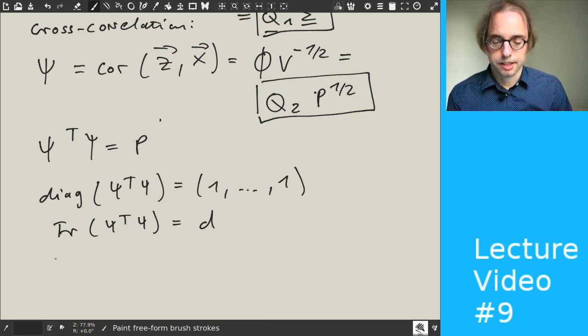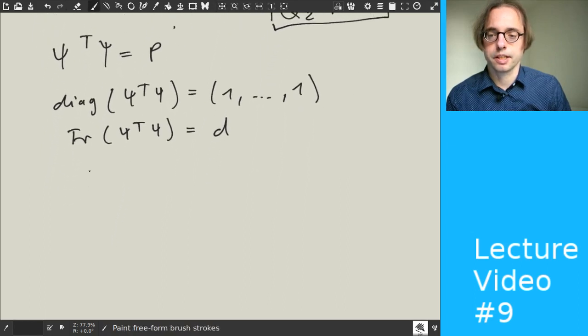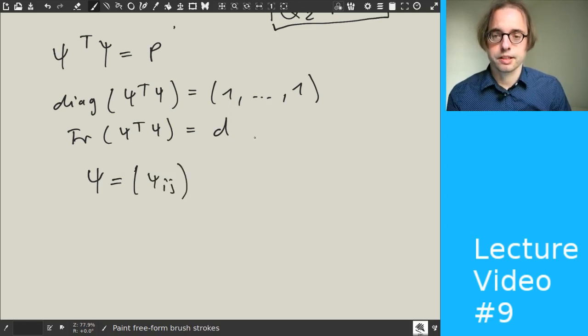If we look at the elements psi_ij of the psi matrix, this means that if I sum over the individual components and square them, these are all 1.